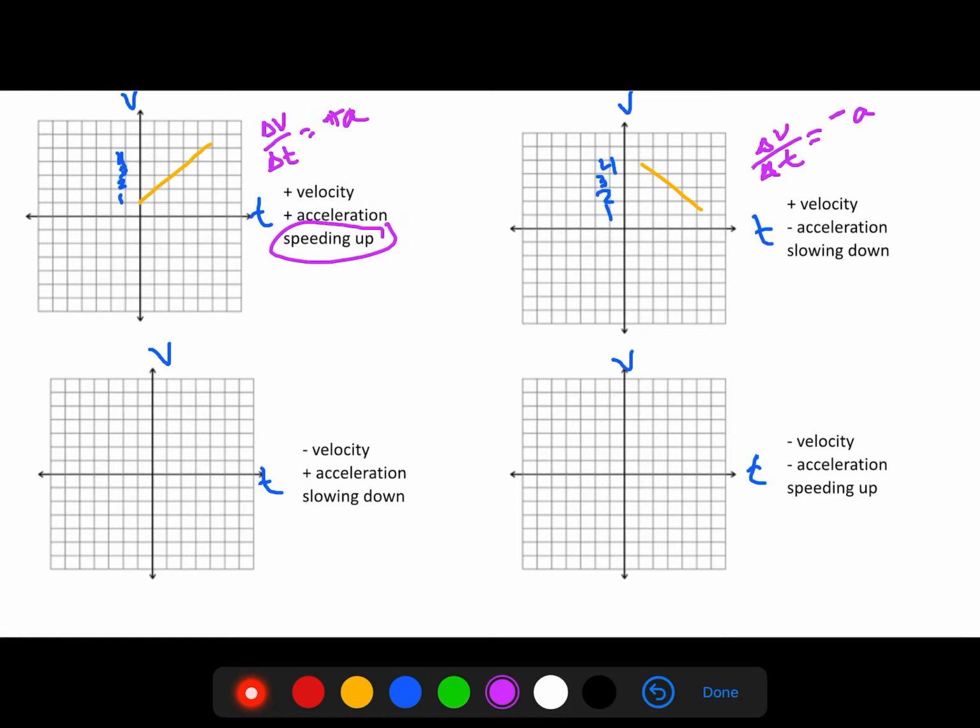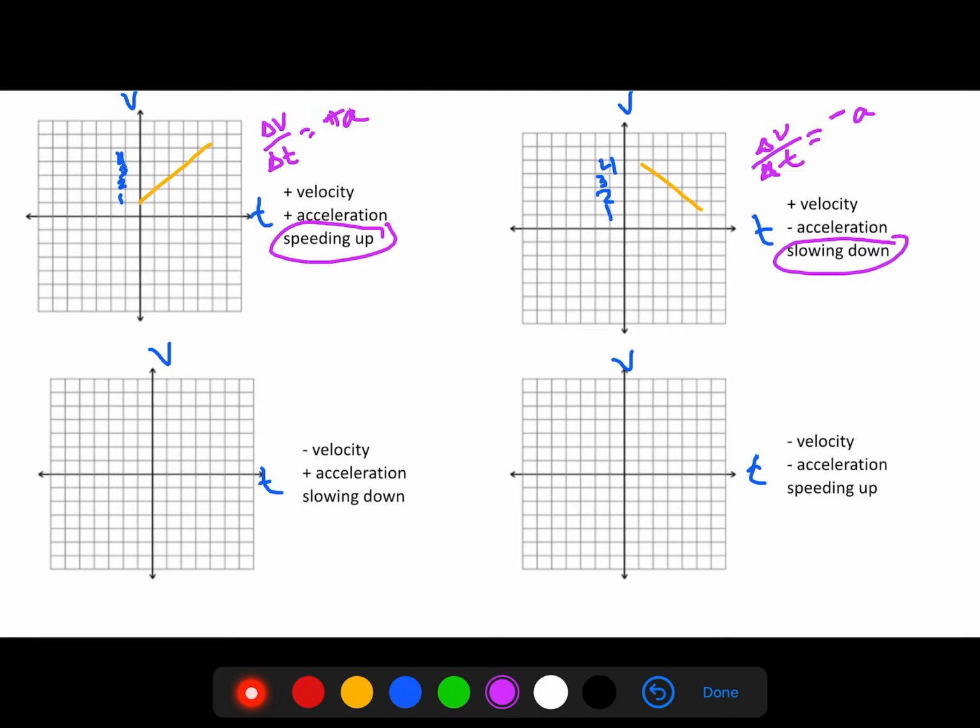That is a drop. 1 minus 4 is going to give me a negative 3 for my numerator. So I have a negative acceleration. In this case, my object is indeed slowing down because it is moving in the positive direction. So a negative acceleration would mean slowing down.